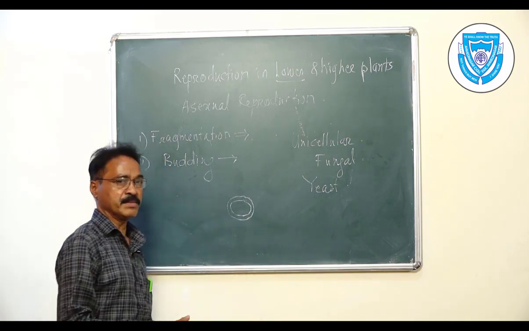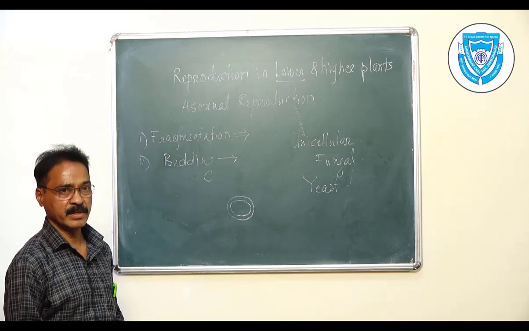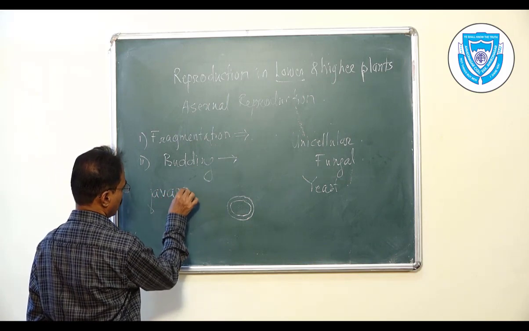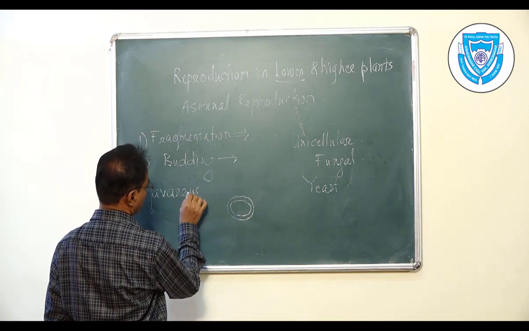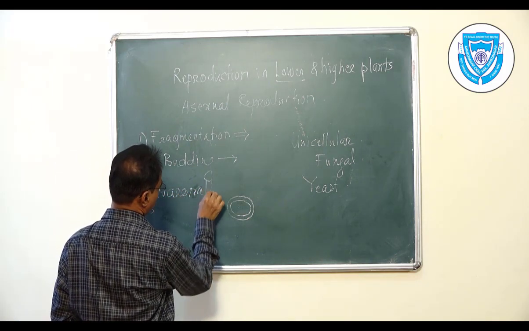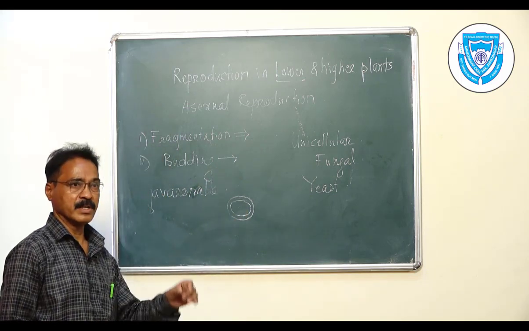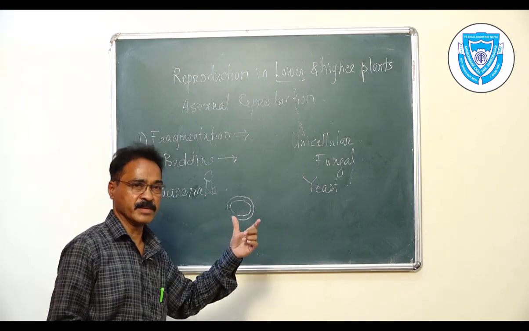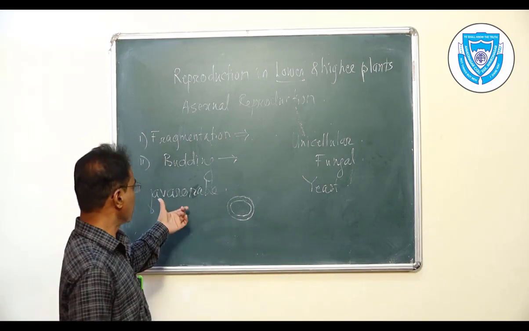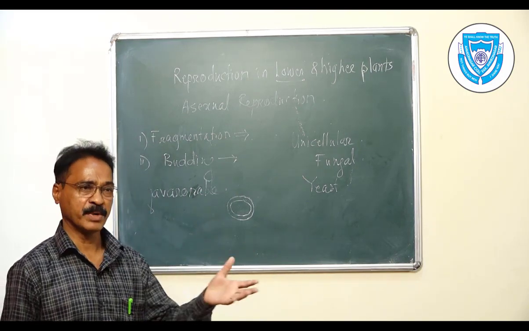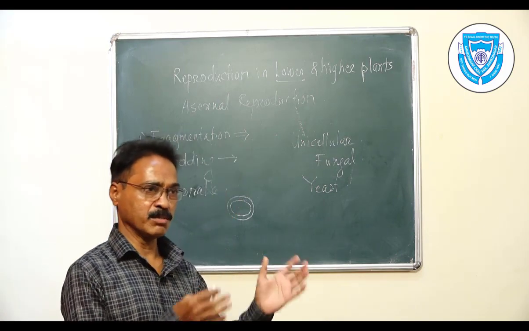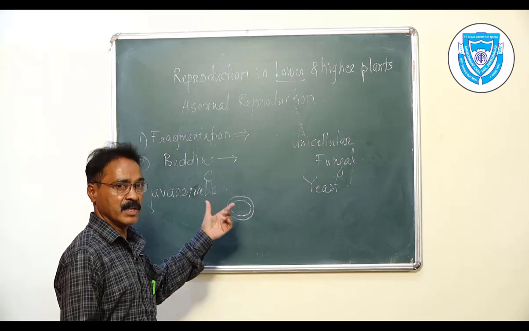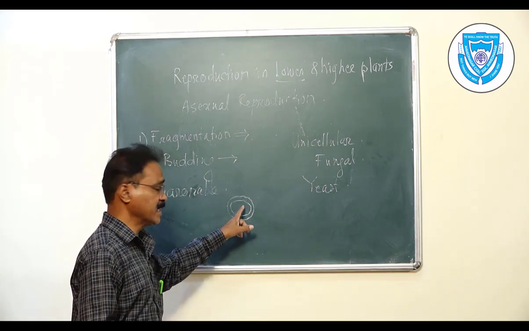After some period, when it attains maturity and during favorable conditions, what happens? When the conditions are good for growth, that means temperature, pH, atmosphere, water, all these things are favorable, at that time what happens?